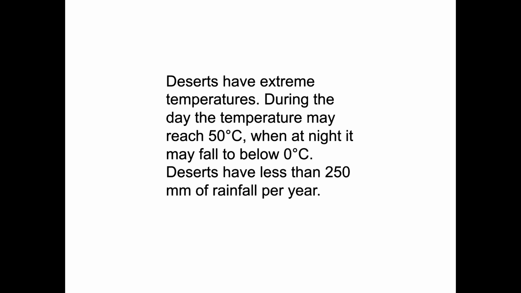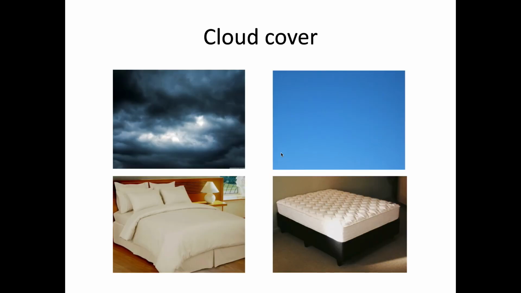And of course, because of the lack of cloud, they hardly have any rain. Whereas if you lived in a low pressure area, your difference between day and nighttime temperatures is not going to be that great. Sorry about the noise. So clouds, yes, obviously, they have an impact on precipitation, but they also have an impact on temperature.